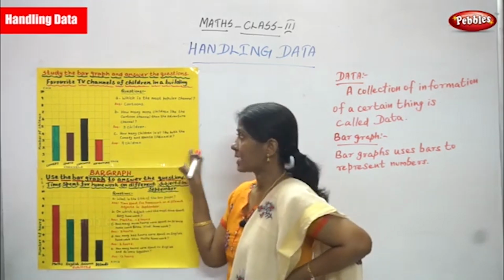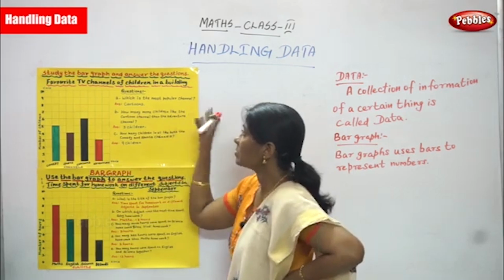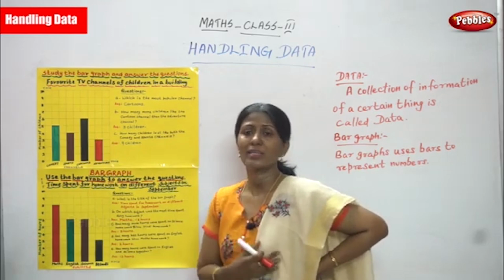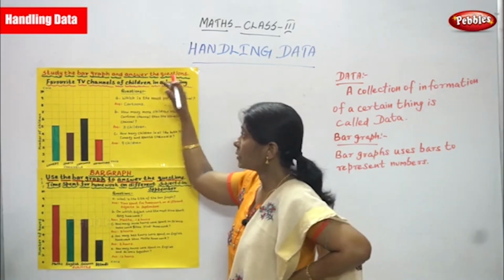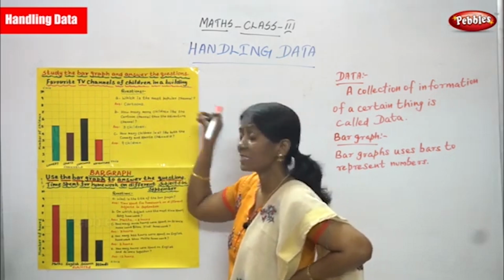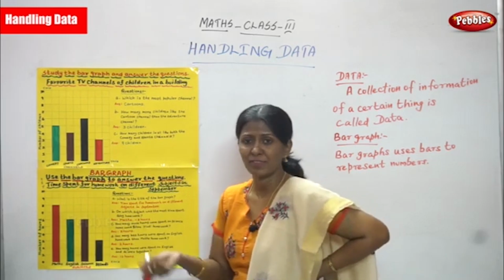This is the exact information. This is the title, that means "Favorite TV channels of the children in a building" is a heading, otherwise we can call it a title. This is the exact information they collected about the TV channels.